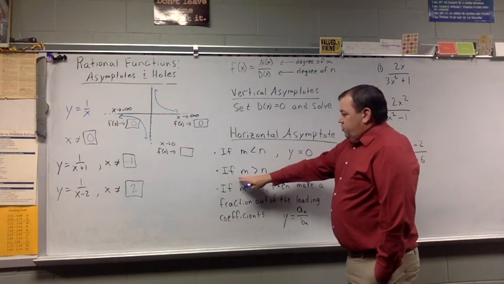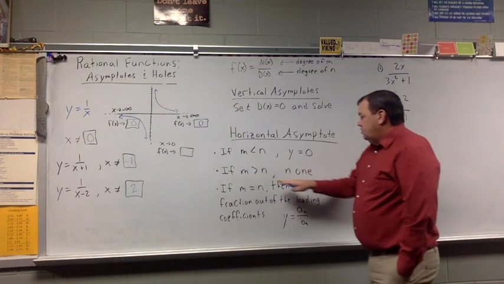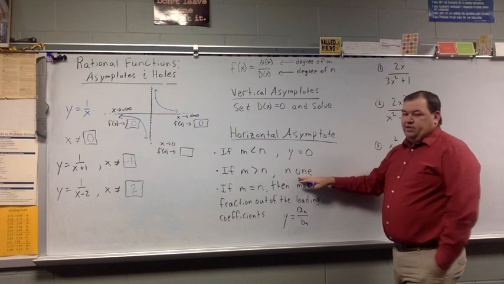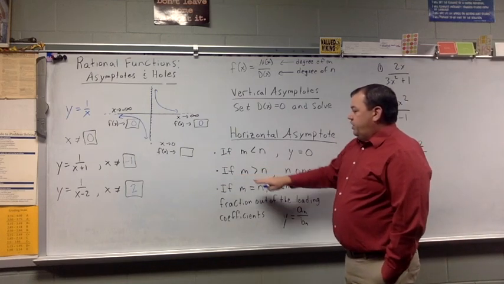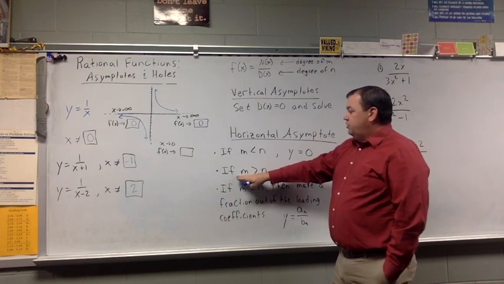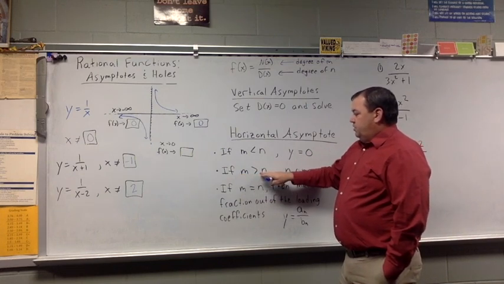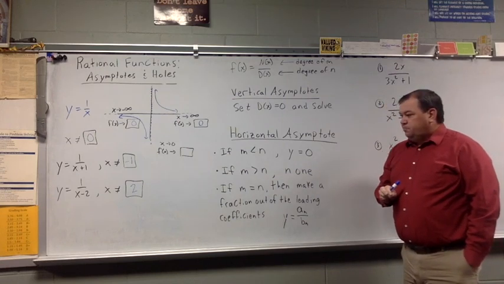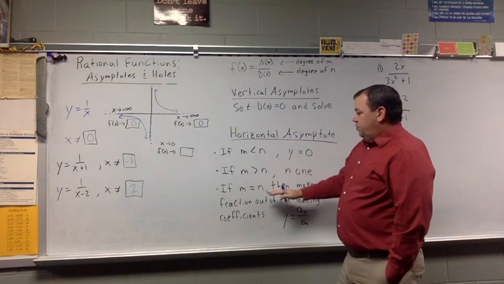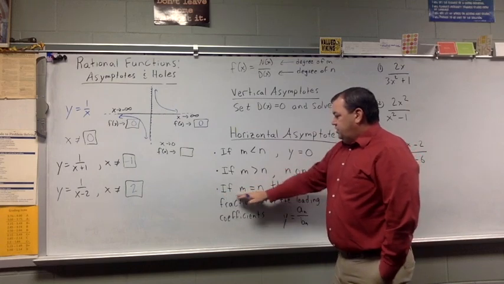If we have one where the numerator is bigger, there are no horizontal asymptotes. If the numerator has a bigger degree, so if I have a numerator with a 3rd degree and a denominator with a 2nd degree, there's no horizontal asymptotes. The last possibility for horizontals is if their degrees are the same.